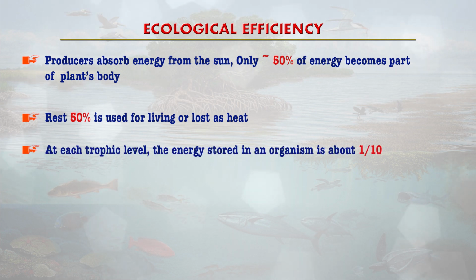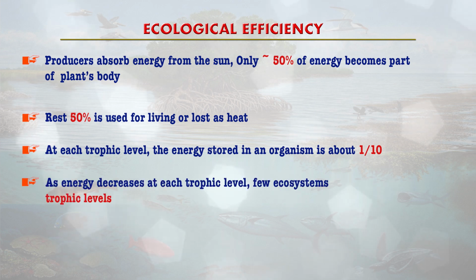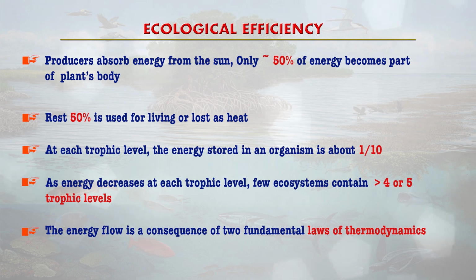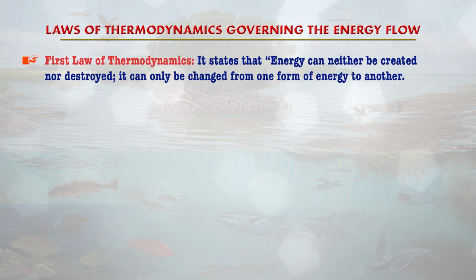So what happens is, at each trophic level, the energy stored in an organism is about 1/10. As energy decreases at each trophic level, few ecosystems contain more than 4 or 5 trophic levels. This energy flow is a consequence of two fundamental laws of thermodynamics. What are these laws? The first law of thermodynamics states that energy can neither be created nor destroyed.